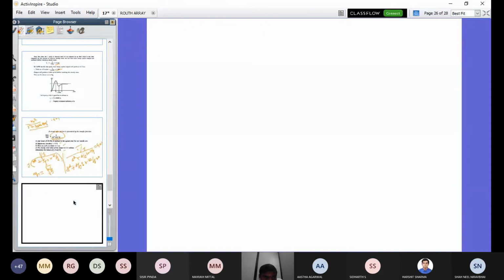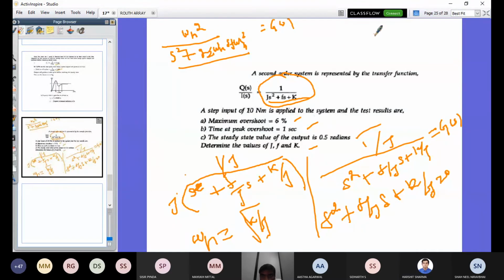Zeta. How to find zeta? 2 zeta omega n is, what is that? f by j. Correct. So what is zeta here? Zeta is equal to f by j divided by omega n, which is root of k by j.